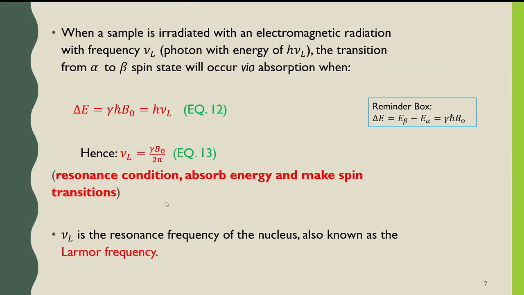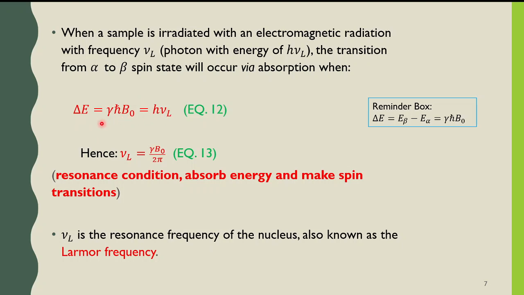Okay, now when a sample is irradiated with this EM radiation that has this frequency of nu L, that means the photon energy is this. Then you have this transition occurring from the alpha to the beta state. And that means that you have this equation.